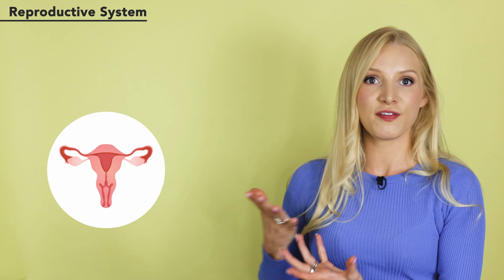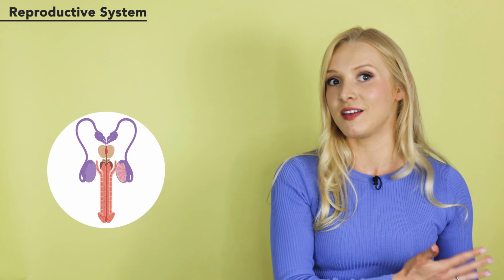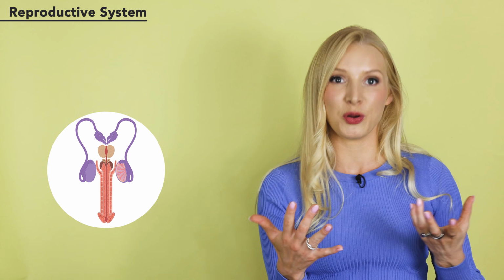So these are typically found in female bodies, but not always. Or people tend to have, among other things, these body parts typically found in male bodies, but not always.